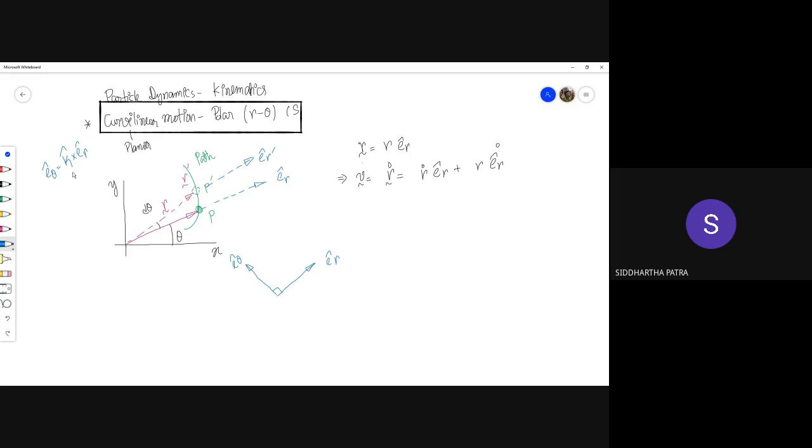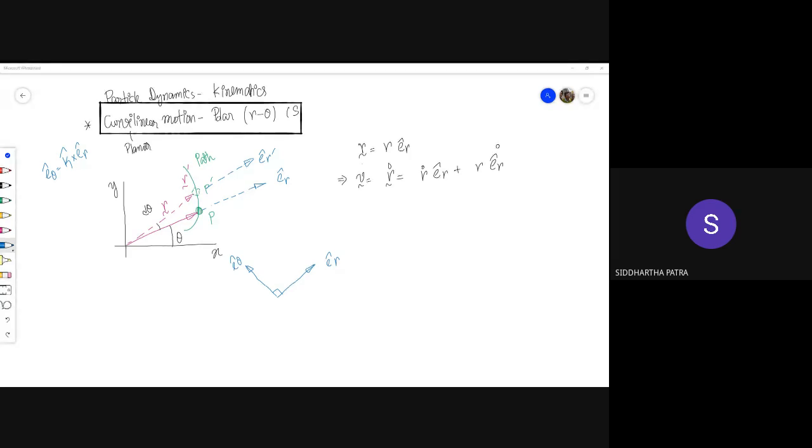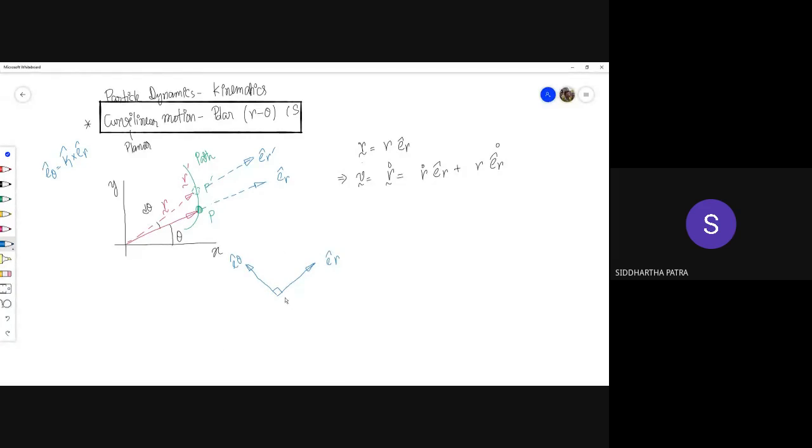You can simply take a direction which is at positive 90 degrees, or counterclockwise 90 degrees, from the radial direction, and then you have your e theta.